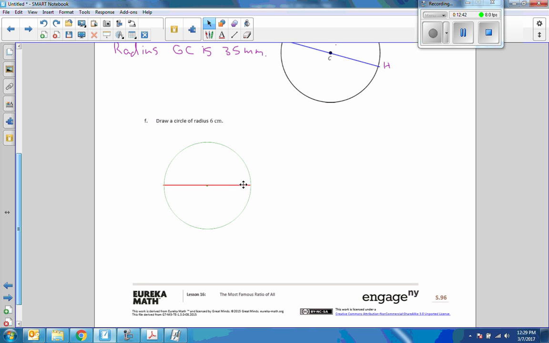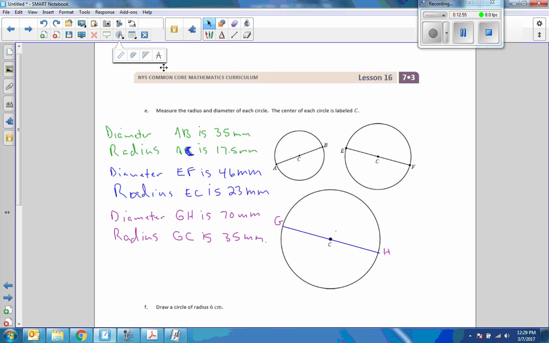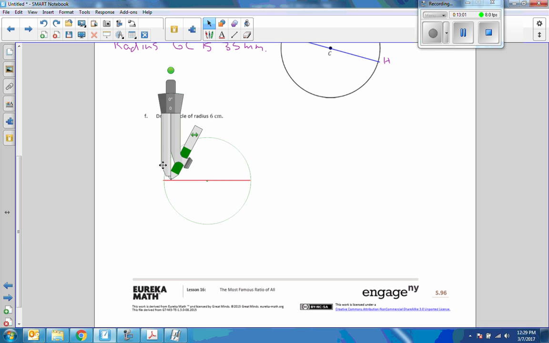Now this is a diameter of 6. And now I'm looking, it says draw a radius of 6. Okay, so this is a diameter of 6. So there's one circle. So I just wanted to show you what the difference between two circles are, with one a diameter of 6 and one a radius of 6.